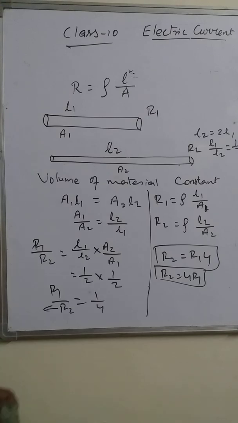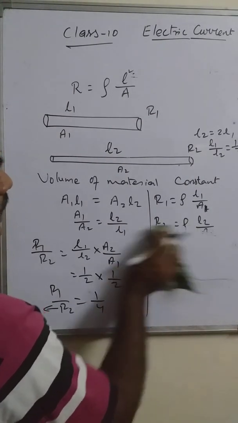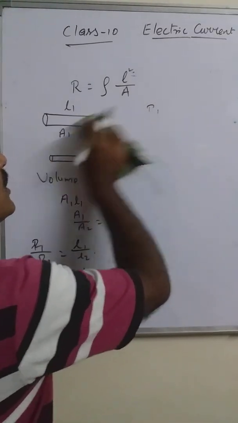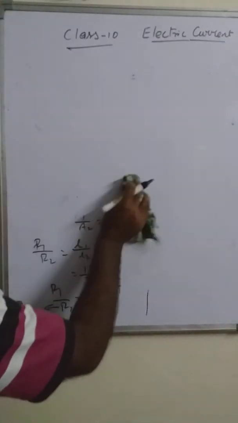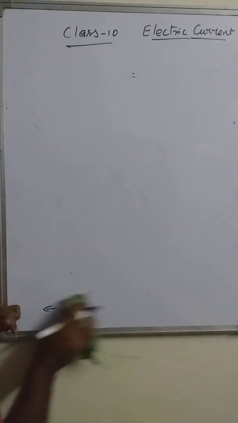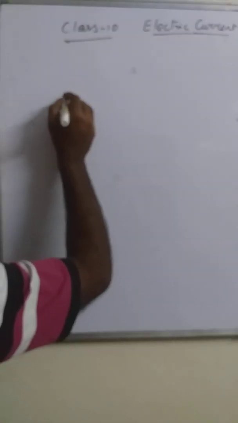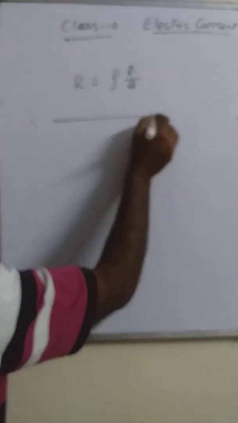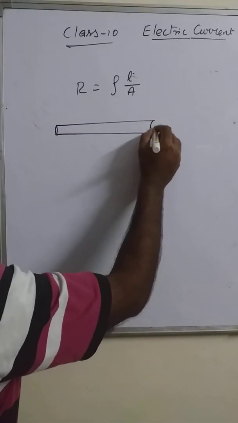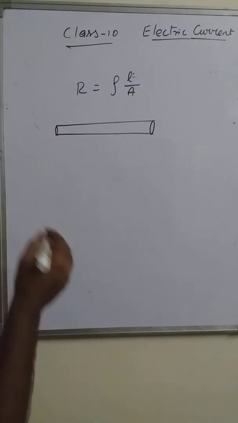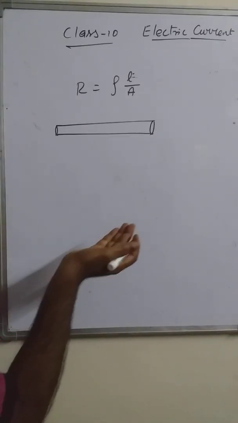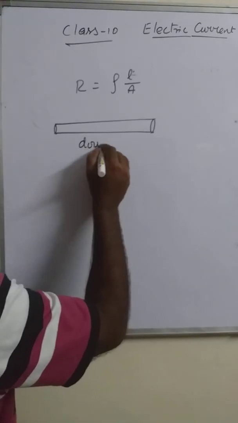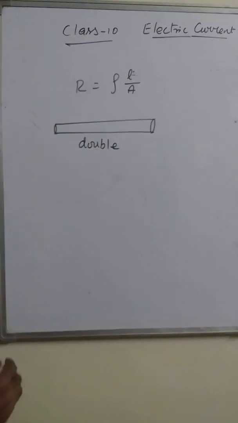This is one example, and one more example is also there. That is, if a wire having some length is doubled on itself. Here we use the phrase, a wire is doubled on itself. Suppose this is the wire having length L. If it is doubled on itself, what does it mean?